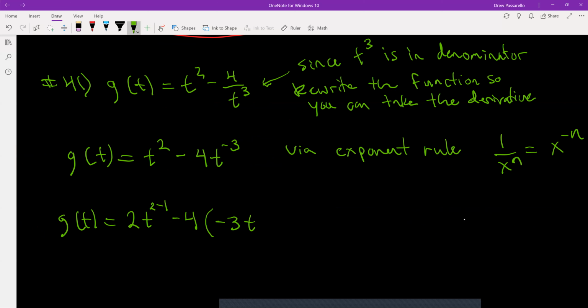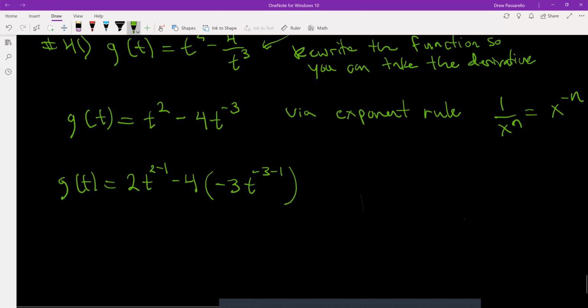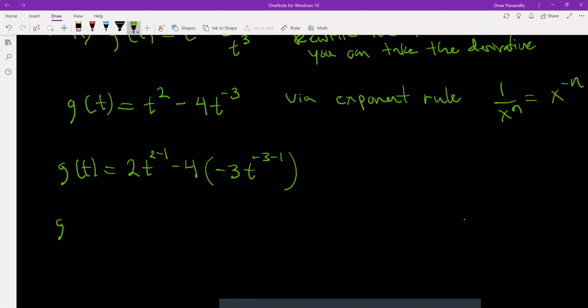And then it'd be negative 3 minus 1. And I should be writing primes. This is g prime of t. So this would be 2t. Negative 4 times negative 3, that's positive 12. And then t to the negative 3 minus 1, that's negative 4 power.